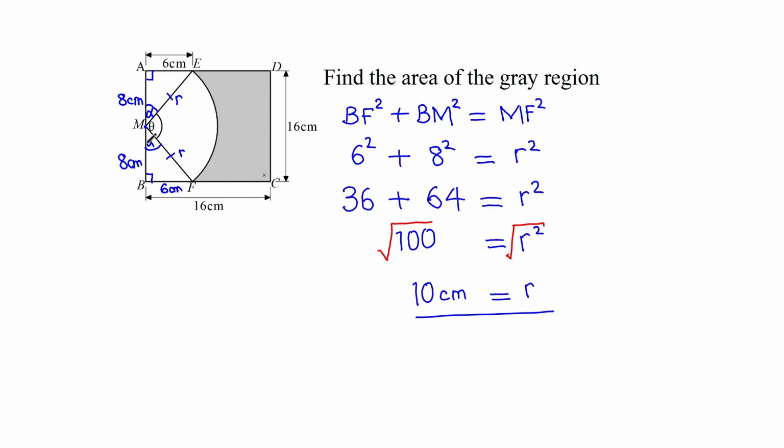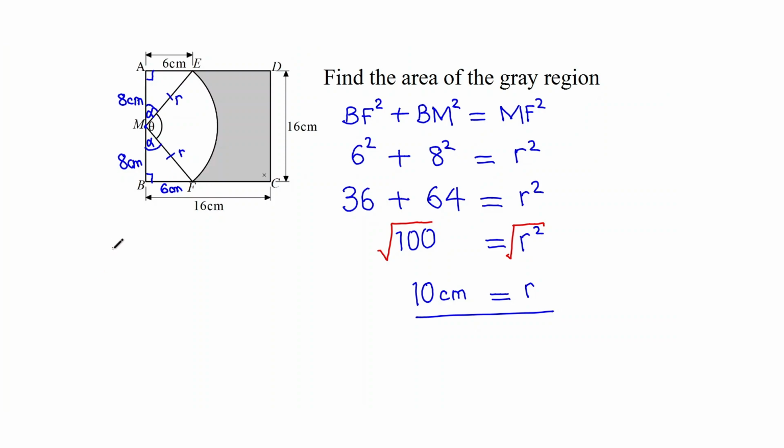Now the next thing is to get the value of alpha in order for us to be able to get theta. Using trigonometry, we can move on and get alpha. When you look at this, 6 is opposite to alpha and 8 is adjacent to alpha. So we can move on and consider tan of this angle alpha.